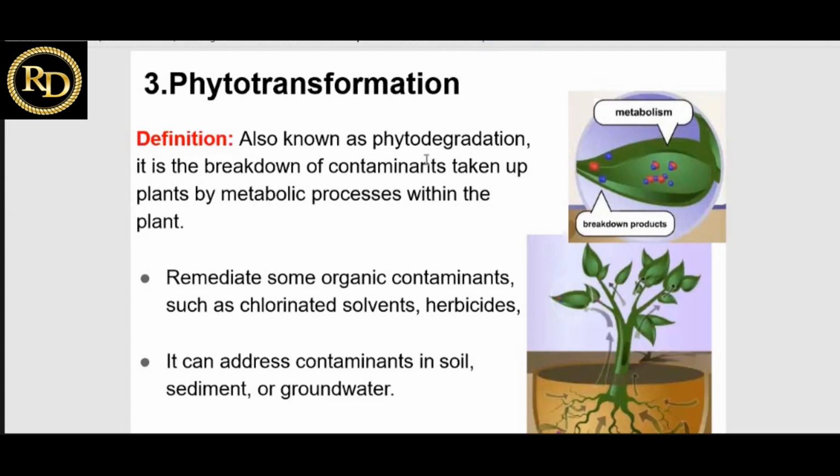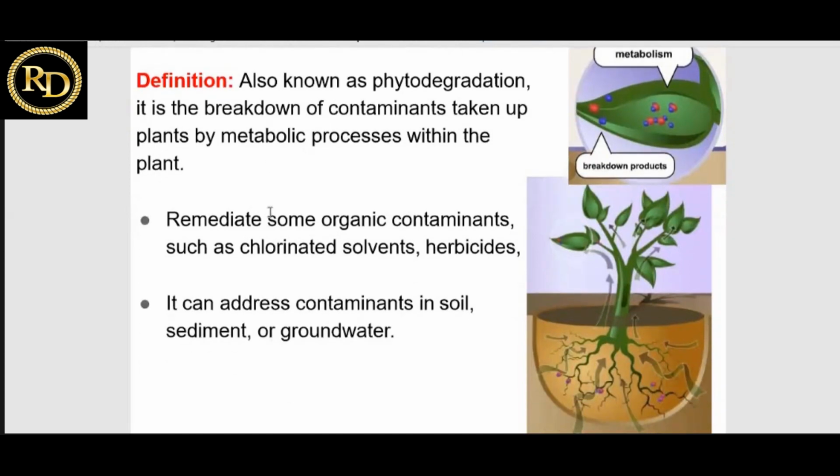It is also known as phytodegradation, and it is the breakdown of contaminants taken up by the plant through metabolic processes within the plant. Whatever contaminants have been absorbed by the plant, they may be broken down, or attached with some natural compounds in the plant, so that we can change their forms. If their forms are changed, then definitely they will never act like toxic metals.